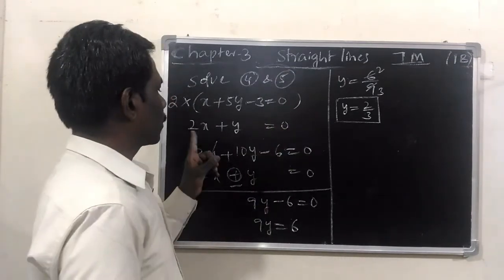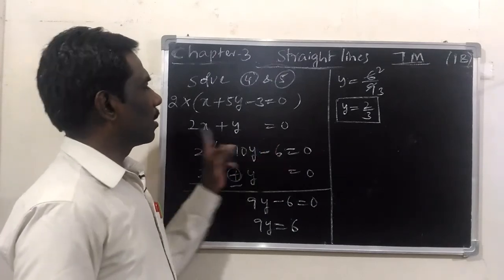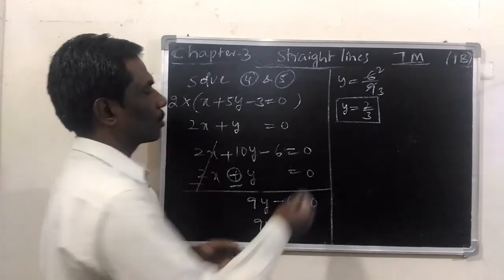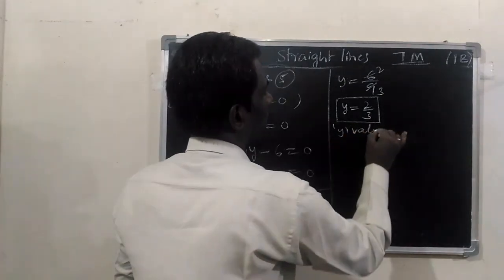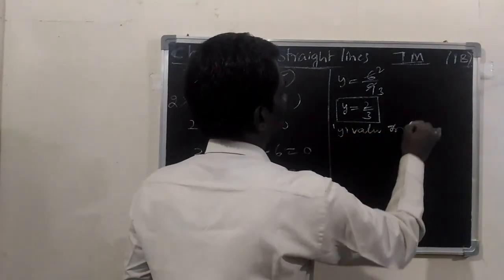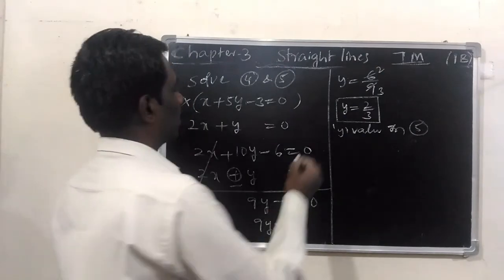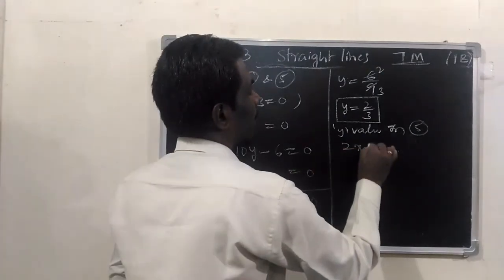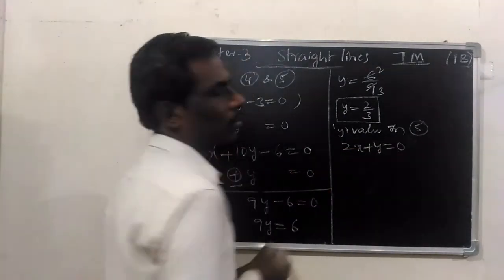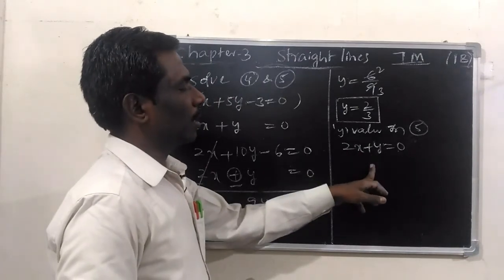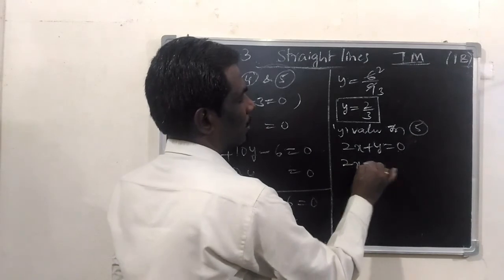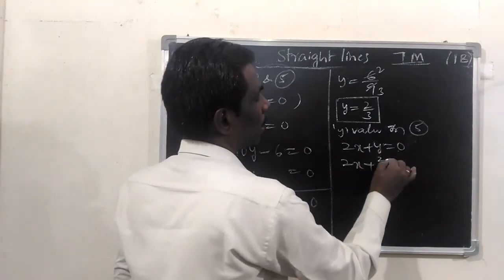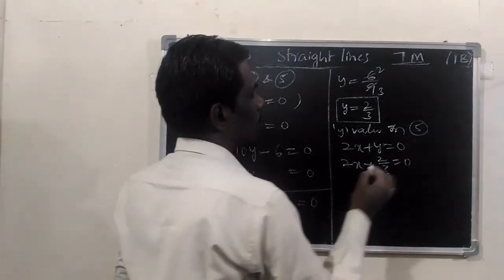So see here, it is a simple one. So that is why I am substituting this y value in the fifth equation. So what is the fifth equation? 2x plus y equal to 0. In this equation, in place of y, I am going to substitute 2 by 3. Right, 2x as it is, plus y is 2 by 3, equal to 0.